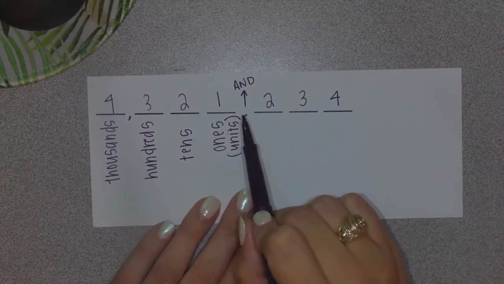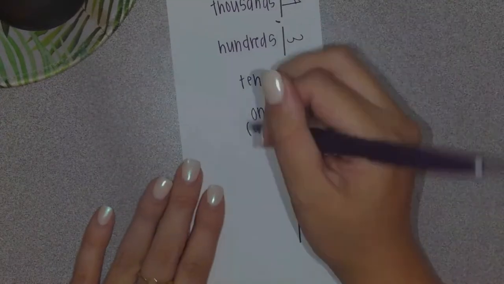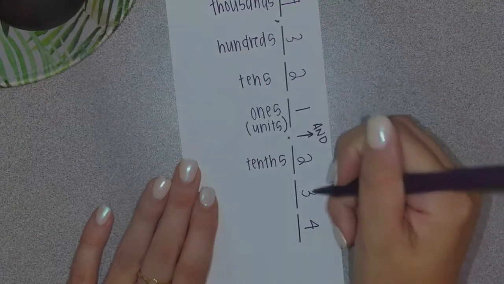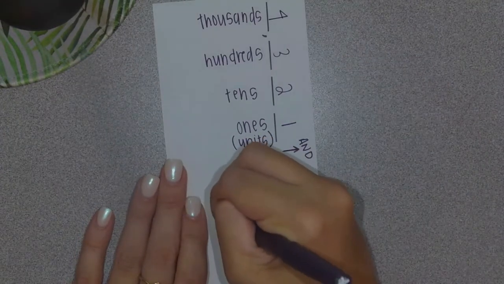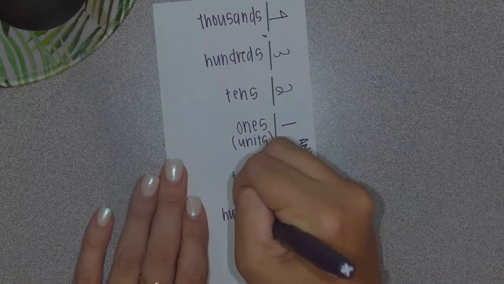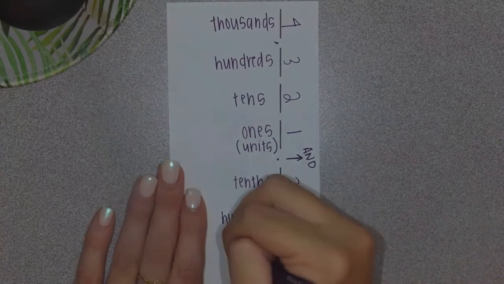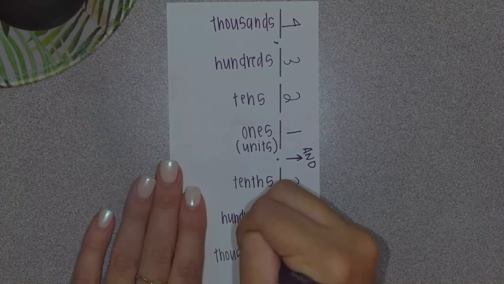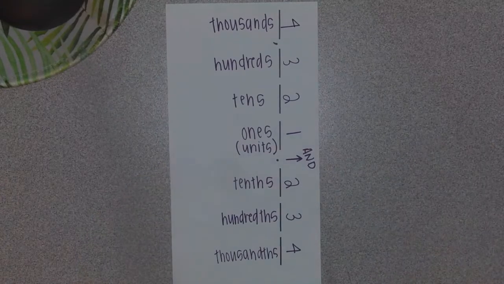Let's keep talking about the places, but this time to the right of our decimal. Right after the decimal, this is our tenths place. To the right of the tenths, that is our hundredths place. And to the right of our hundredths, that is our thousandths place. Now, you might hear that I sound kind of like a snake at the end of each one.